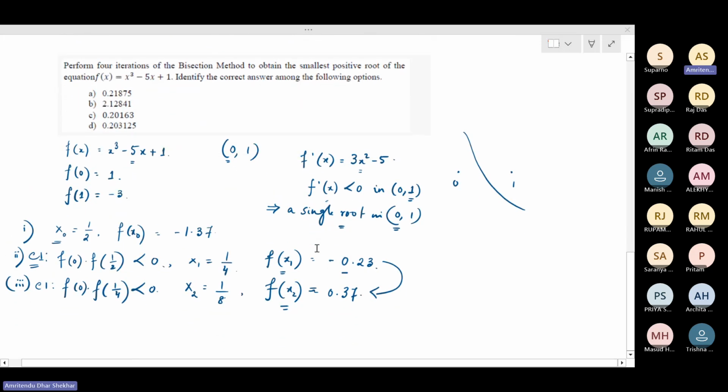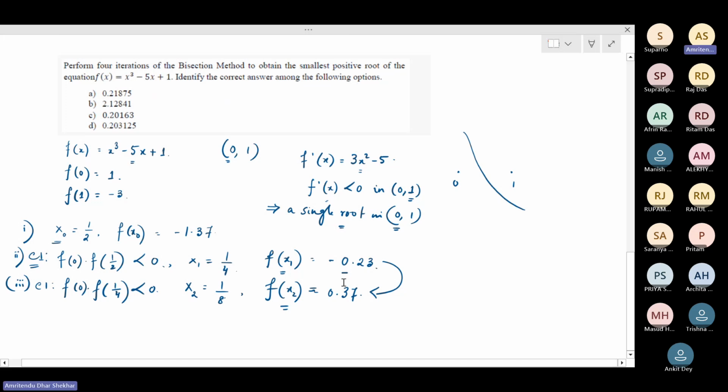You perform this computation a few more times, let's say up to iteration 4 or iteration 5, and then you check which of these actually gives you the closest to the root, and you choose that one to be the answer.